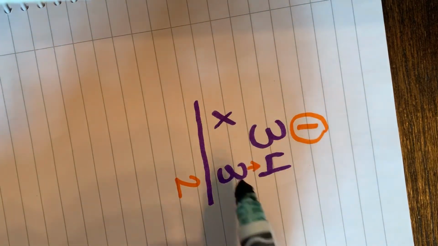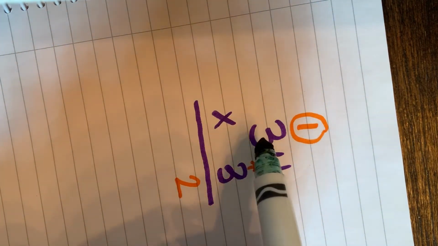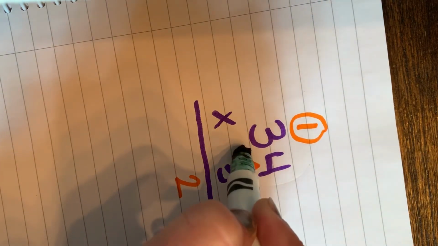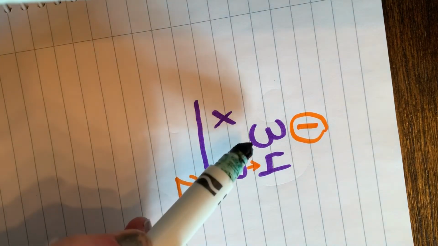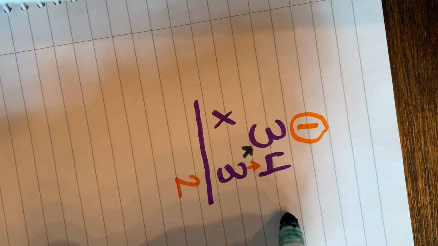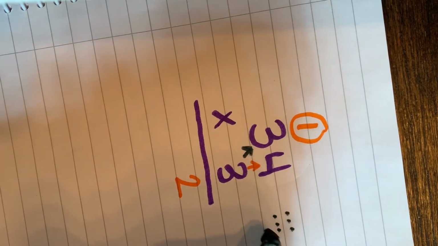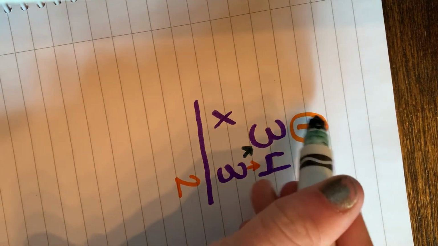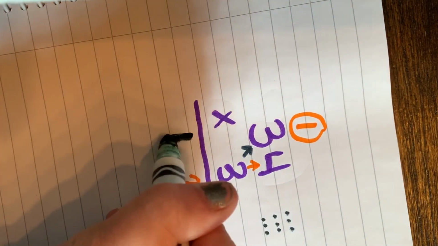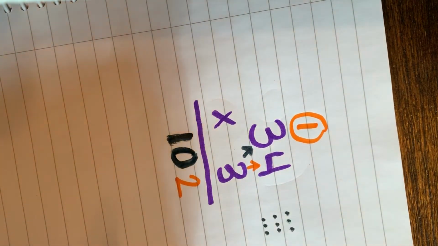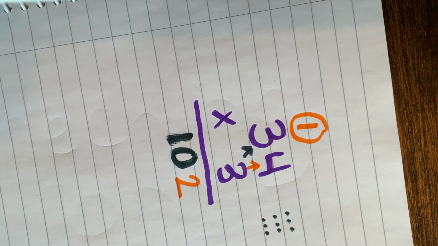Now I need to do 3 times 3. If I need to stop and make an array, I can. If I count that up, that's 9. And then I have to remember to add whatever is circled up here. So it'd be 9 plus 1 is 10 for an answer of 102.